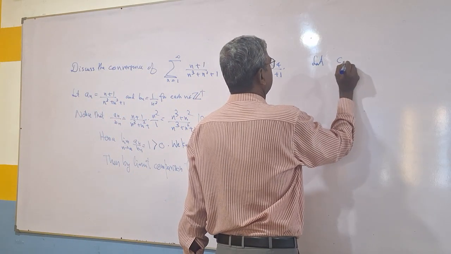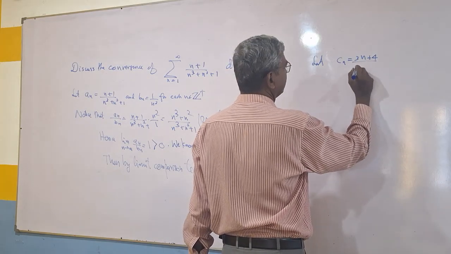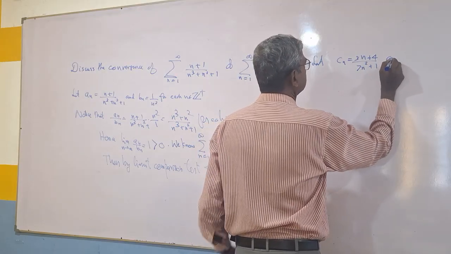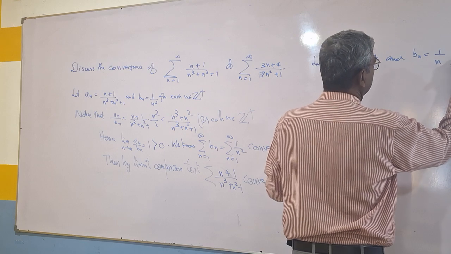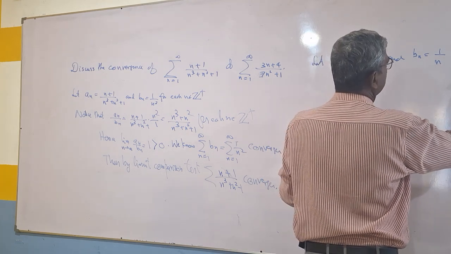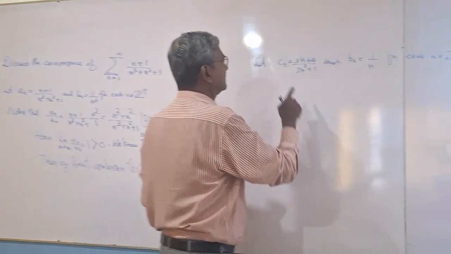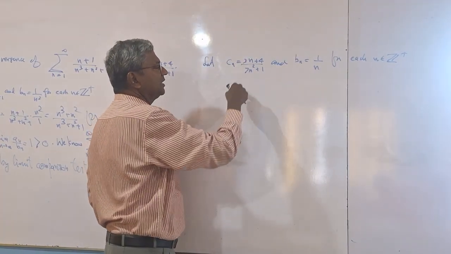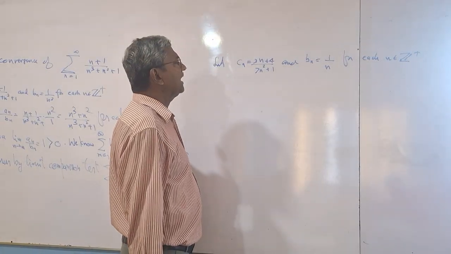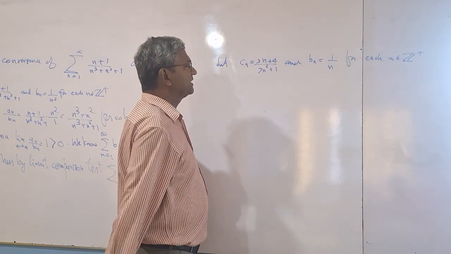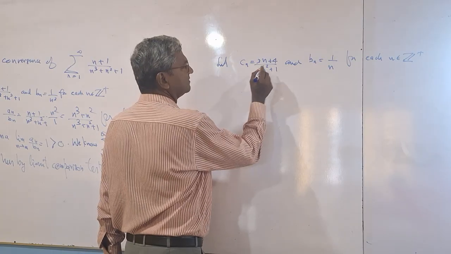Let cn be equal to 3n plus 4 divided by 7n square plus 1, and bn is equal to 1 over n for each n belongs to Z plus. Far away, the numerator is like 3n, the denominator is like 7n square, so it is like 3 over 7n. So you know that is divergent.